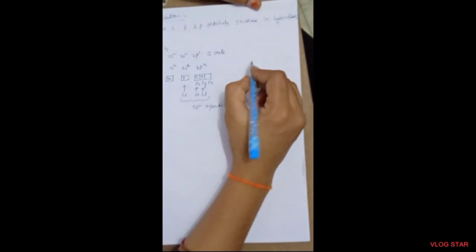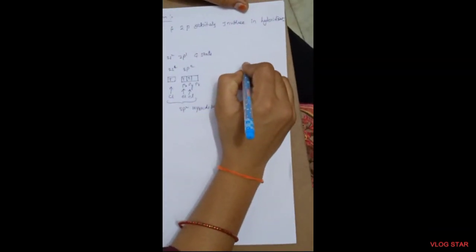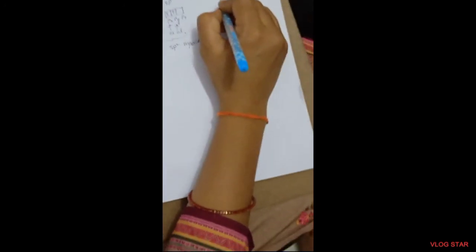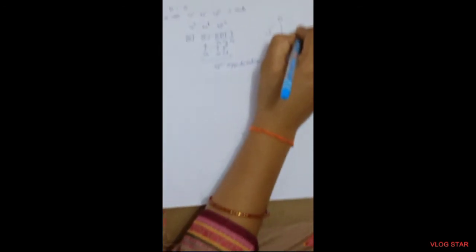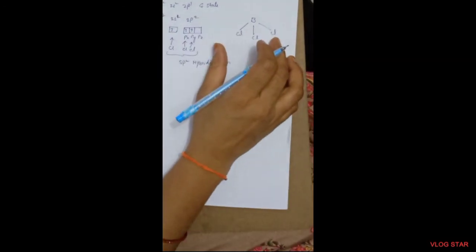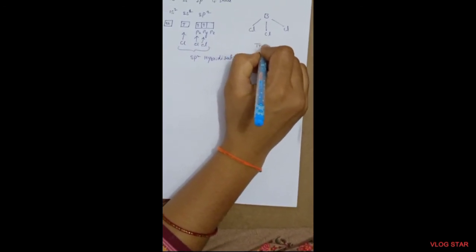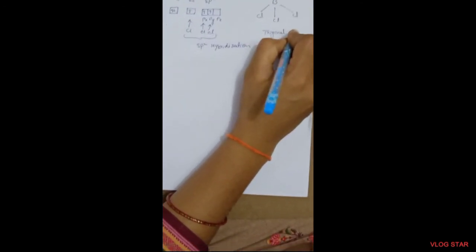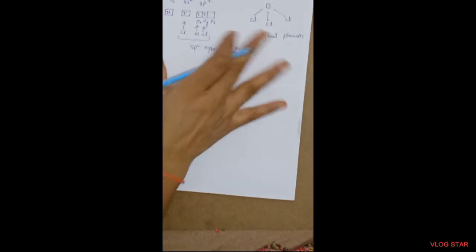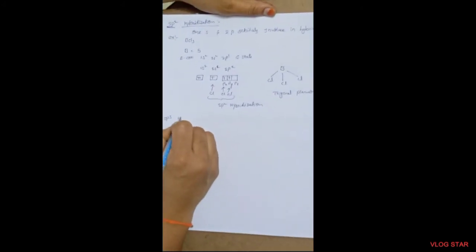The geometry of the molecule is trigonal planar, with three chlorine atoms. The shape of the molecule is trigonal planar. This is sp2 hybridization. Now coming to the sp3 hybridization.